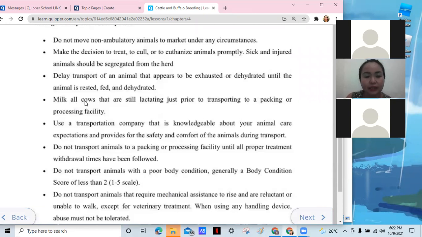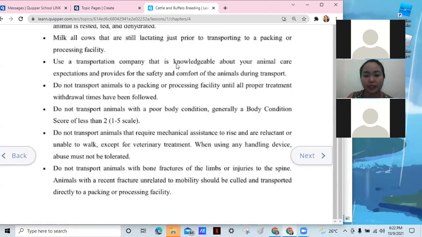And parang animal welfare na mga itong good husbandry practices. So milk all cows that are still lactating just prior to transporting to the packing or processing facility. Use a transportation company that is knowledgeable about your animal care expectations and provides for the safety and comfort of animals during transport. So lahat ng mga staff is well-trained for this.